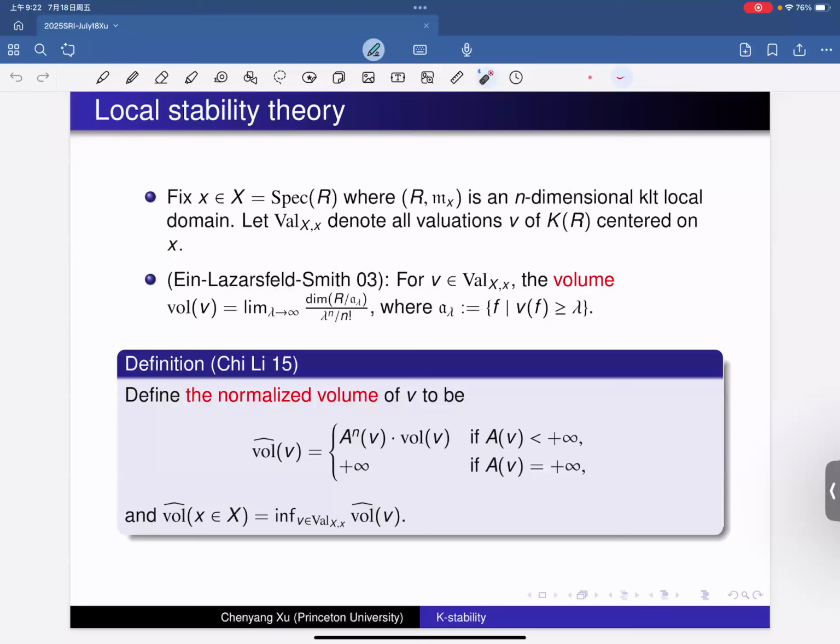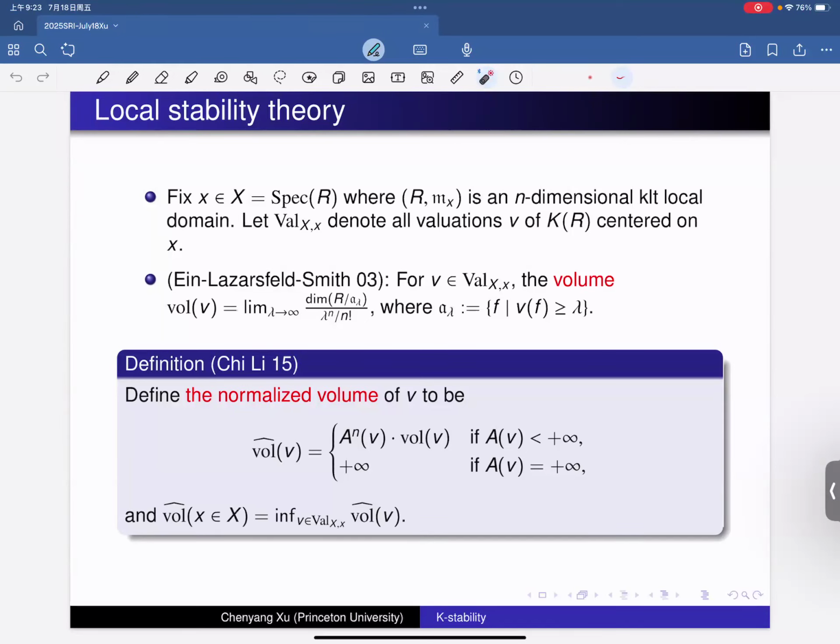However, the key definition in this theory was first found by Chi Li. Actually, I think he was somewhat inspired by Donaldson and Sun's work, and Sun was talking about this work ten years ago in the same summer research institute. Chi Li and I did have some conversation on that, and I actually asked him whether there was a local stability theory. Then he went back and spent a few months, and then he found really the right one.